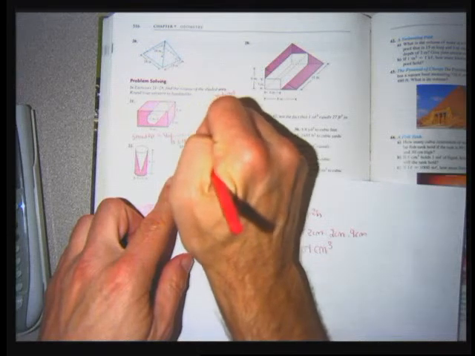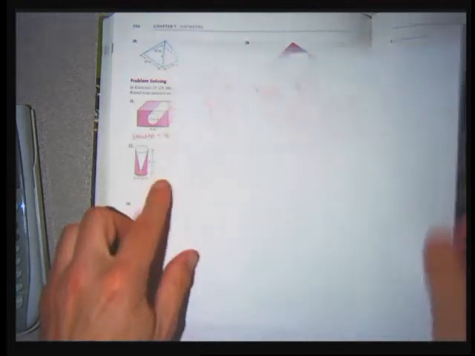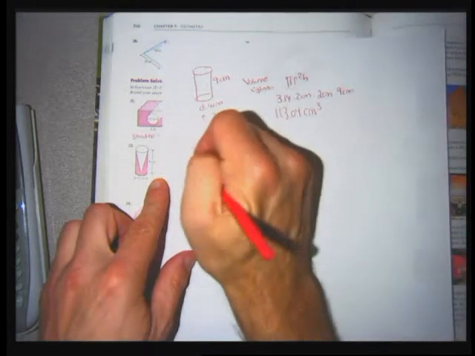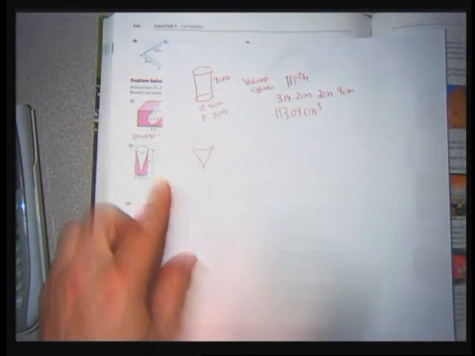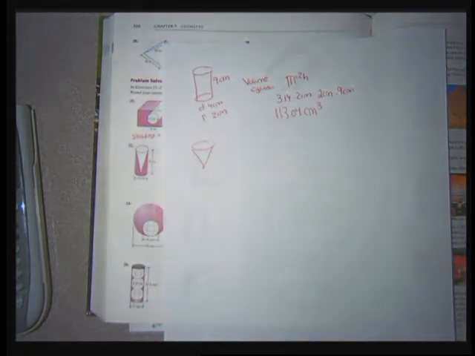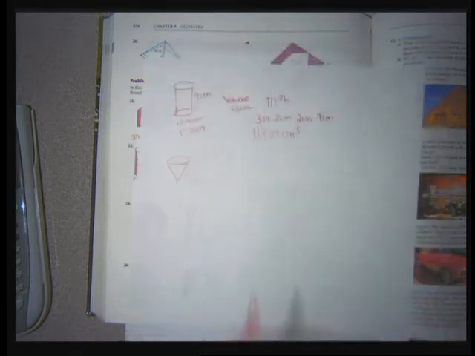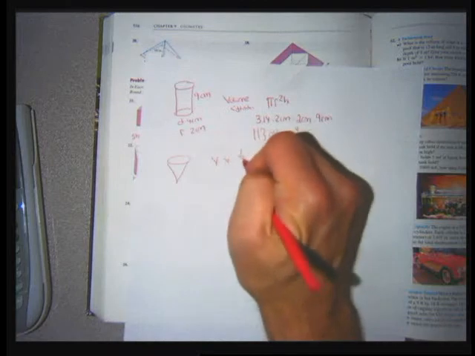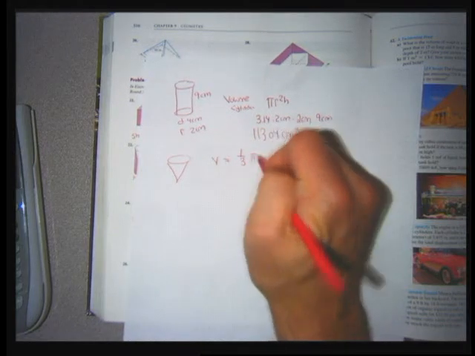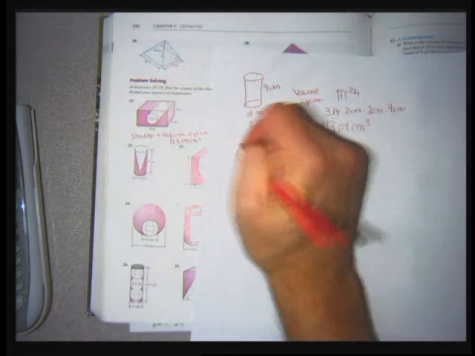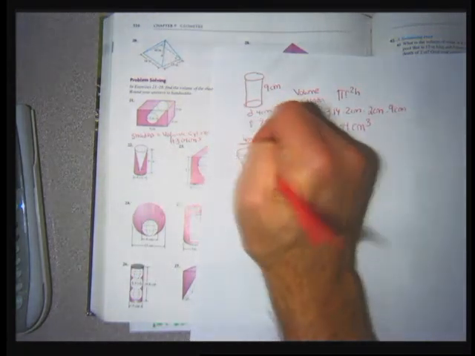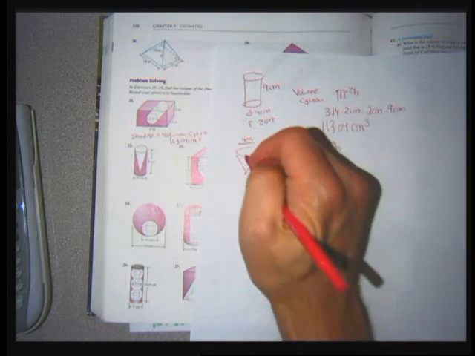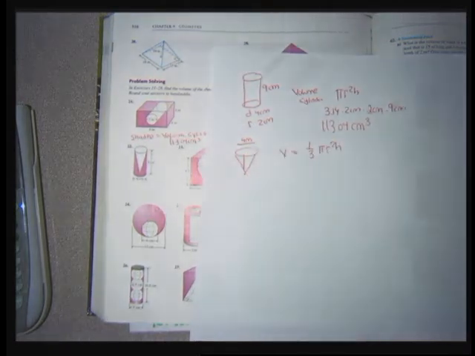So for the volume of the cylinder part of this, that's 113.04 cubic centimeters. And then inside this figure, there's a cone that I need to subtract the volume of out. And again, I don't have that volume formula memorized, so I sneak to my sheet. The volume for a cone is 1/3 times pi r squared h. And the nice thing about this cone, again, is it has the same dimensions. Its radius and its height are going to be the same as the radius and the height for the cylinder.